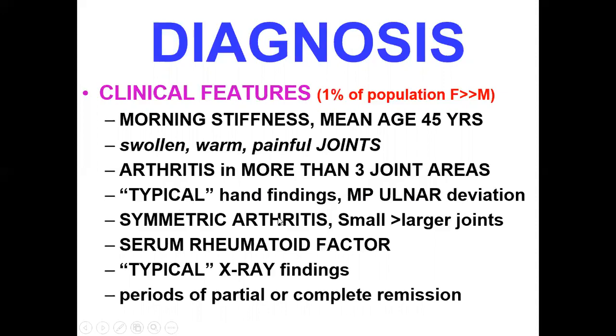So symmetric involvement, as I said, symmetric arthritis. Small joints are more commonly involved as compared to the larger joints. Serum will show rheumatoid factor and anti-CCP antibodies, and typical X-ray findings.